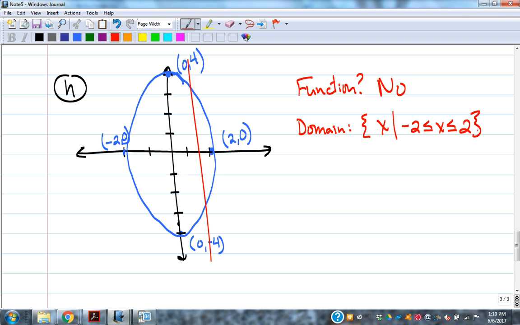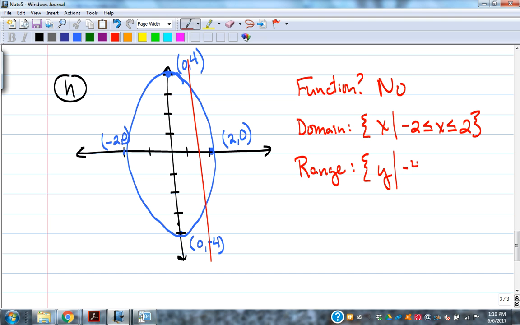Domain and range is easier when we start talking about equations. With the graphs, it's sometimes hard to grasp. The domain is easier with the equations. The range, what's the lowest y value? -4. What's the highest y value? 4.